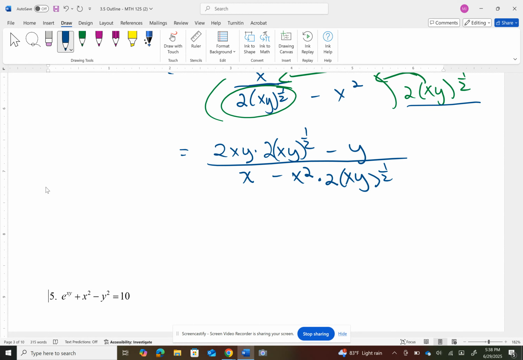Well, I'm contemplating how to make it look the best. So this right here is really to the first power. I could put it with that xy to the 1/2 power, but I noticed in the denominator that's not the case.